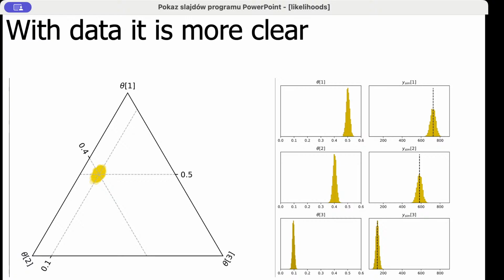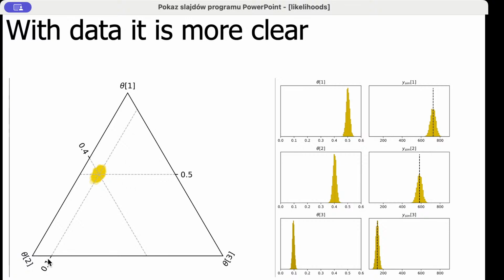If, however, we introduce data, then it becomes much clearer, because our uniform prior, when confronted with the data, constricts itself, concentrates around certain values of parameters. As we can see here, the posterior predictive distribution shows that the simulated number of votes for each of those candidates centers around the true value from the data, and the parameter values are also estimated in a nicely concentrated way, which we can see here.